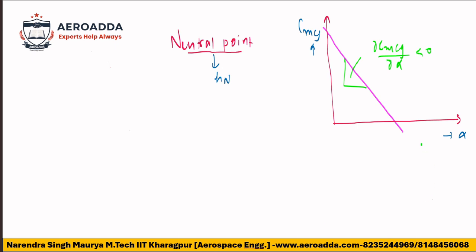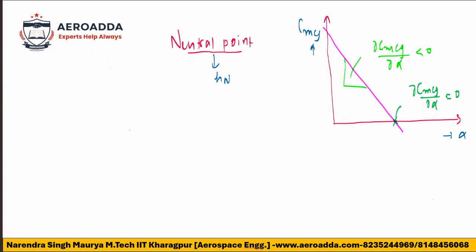And here if you come, what is the ∂CMCG/∂alpha at this point?